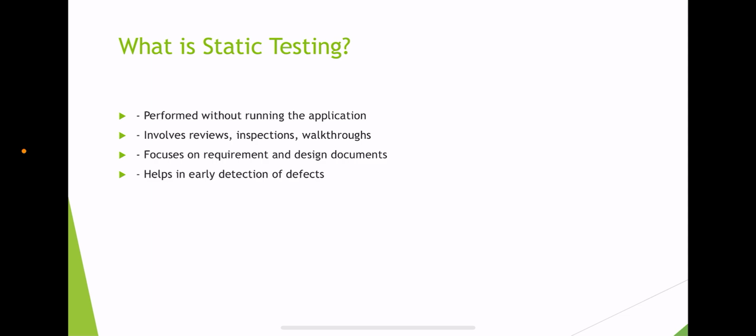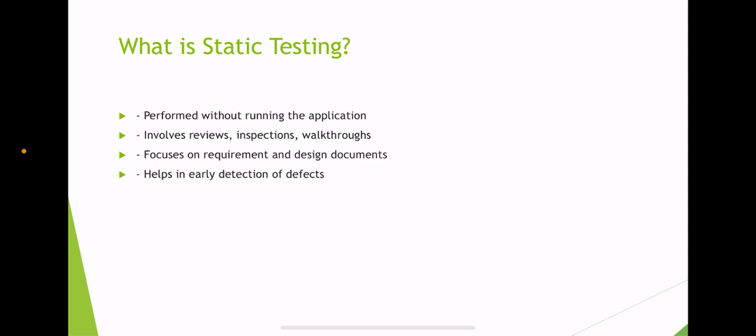So he will define the coverage based upon the acceptance criteria and find the leakages of the test cases. Okay, so that is static testing, and what is important for the tester is the test case review and test planning review.